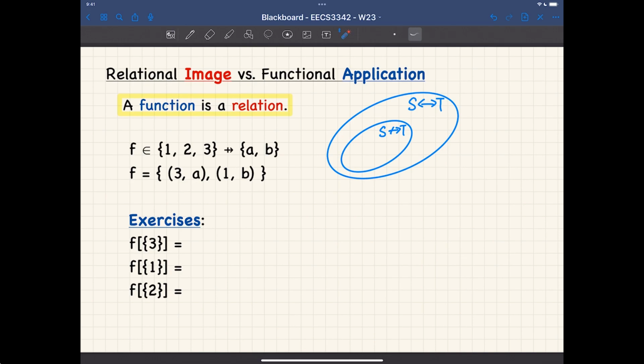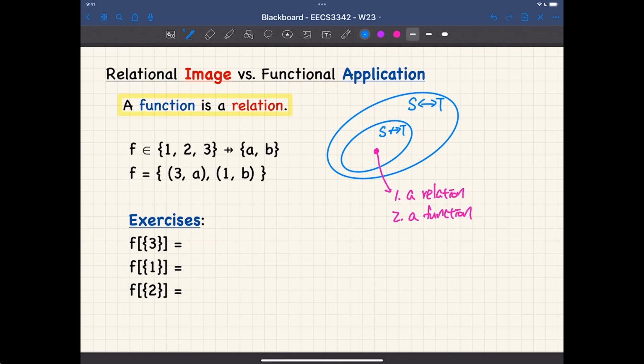And if I have a member over here, number 1, it is a relation. Number two, it is a function. It basically wears two hats. When we talk about a relation, and we have the operation called relational image, remember, right?